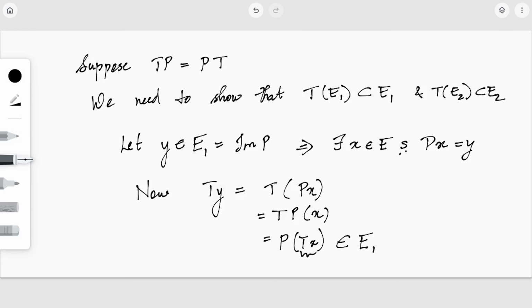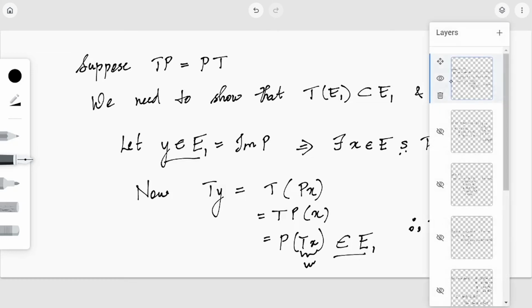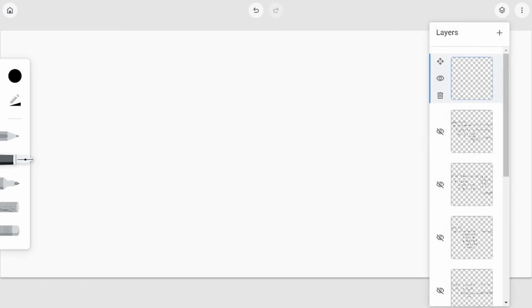If I write T of X as W, then P of W is an element of image of P, so I get T of Y is an element of E1. So when Y is an element of E1, I get T of Y is an element of E1. Therefore T of E1 is contained in E1, because I had chosen Y arbitrarily.